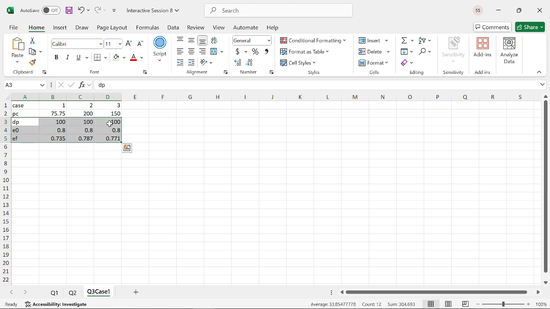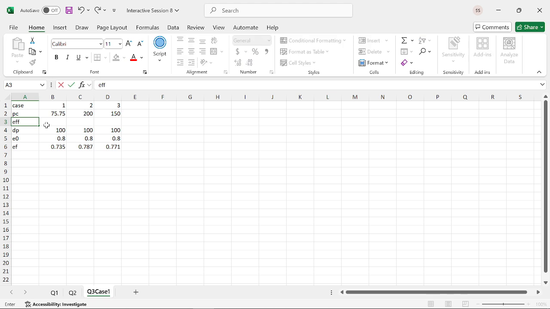We also had an effective stress, which was 75.75 in all cases.